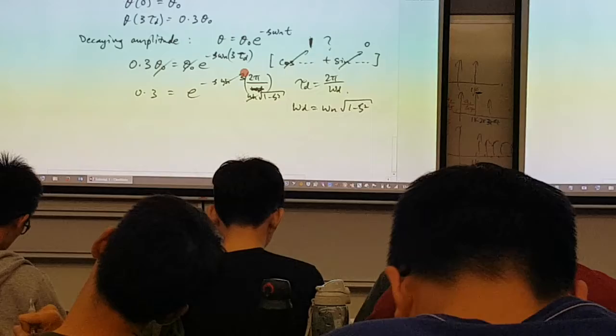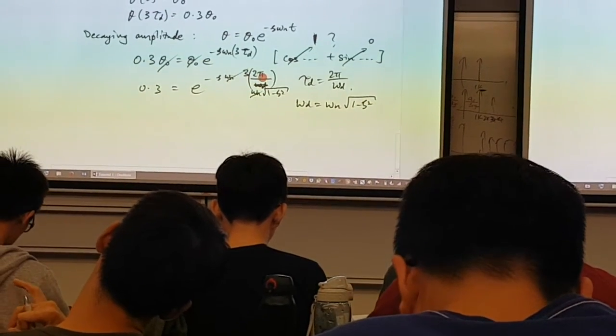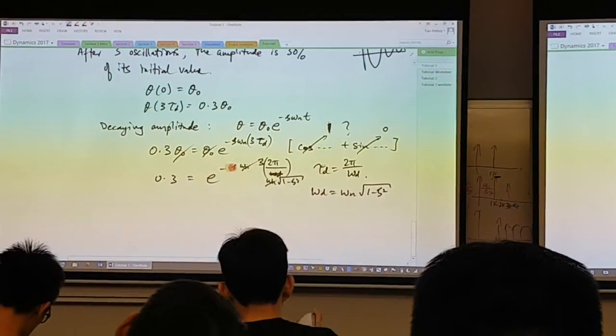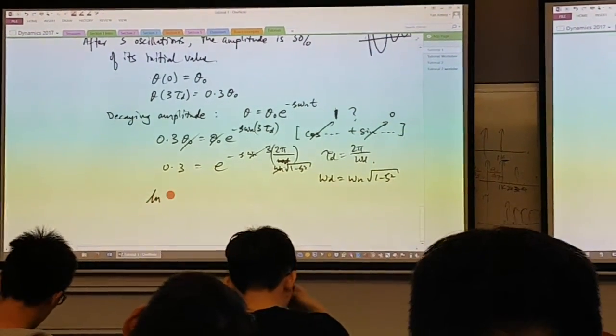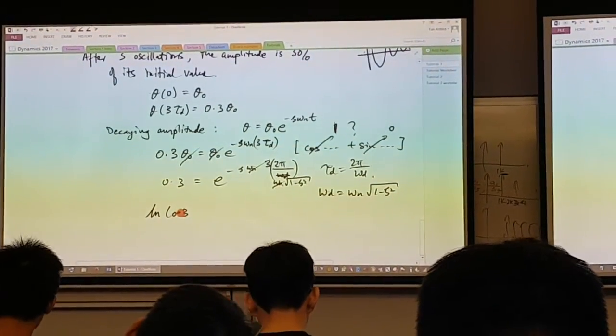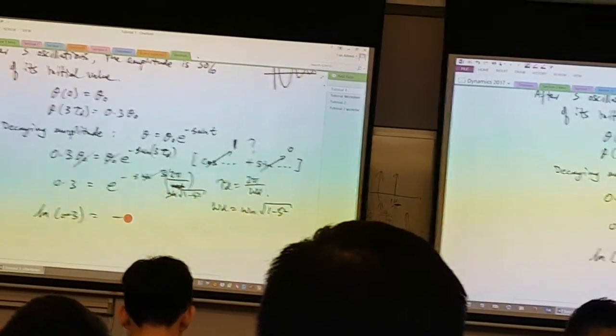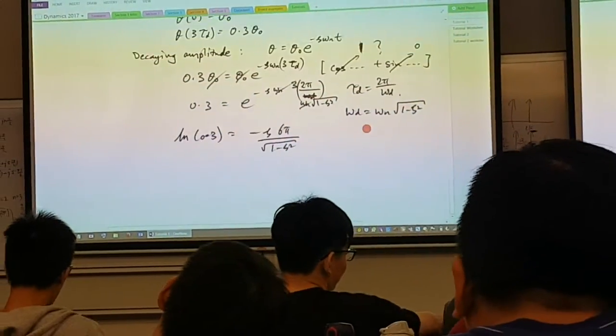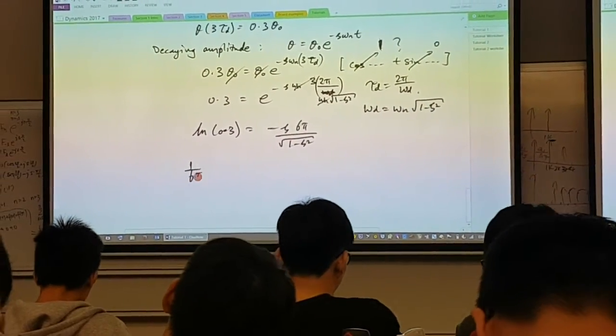So this and this cancel. 6 pi, I'll bring it over here. But before I can do that, I need to take ln on both sides. Yeah, and then bring 6 pi here.